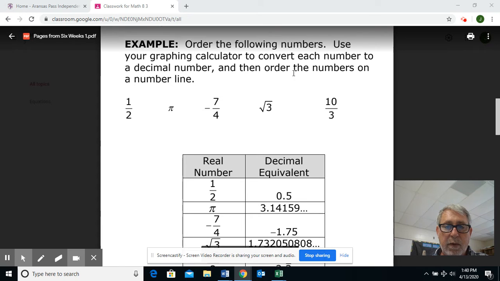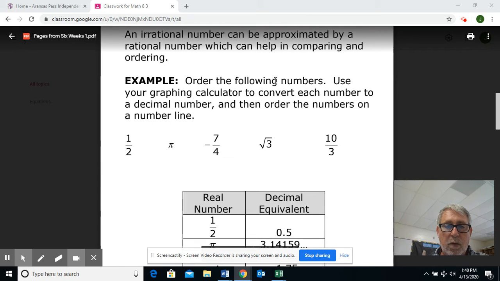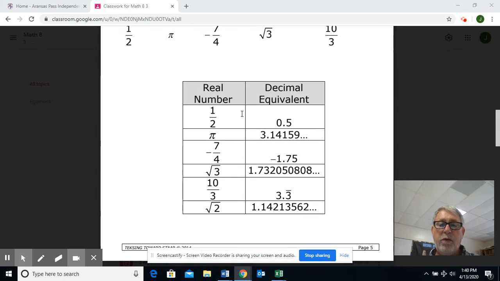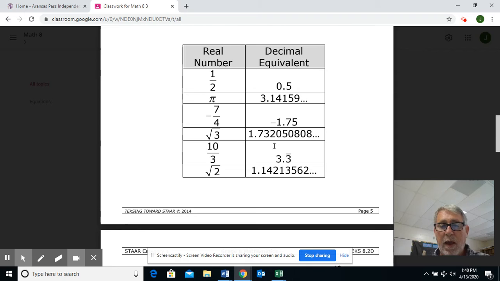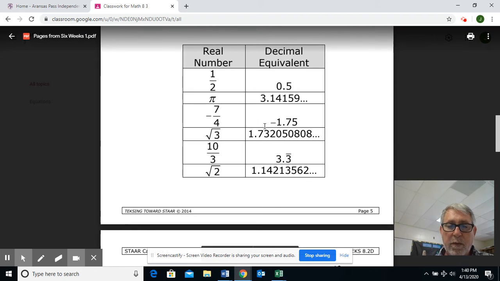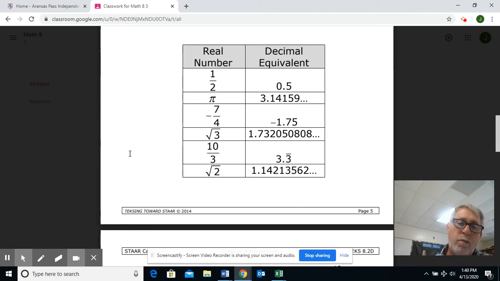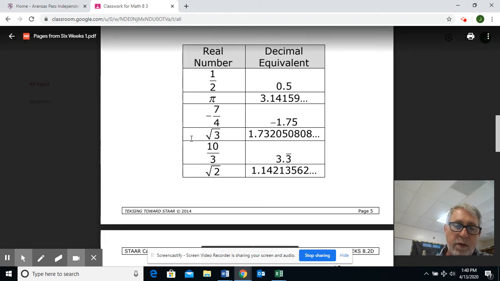Convert each number to a decimal and then order the numbers on a number line. Order the following numbers. Well, they didn't tell us what direction, so I'm going to assume smallest to largest. Well, what's our smallest number? The negative number is always going to be your smallest number. And we'll look at what happens when you have two negative numbers. Remember, the more negative it is, the smaller it is, the less value it has.